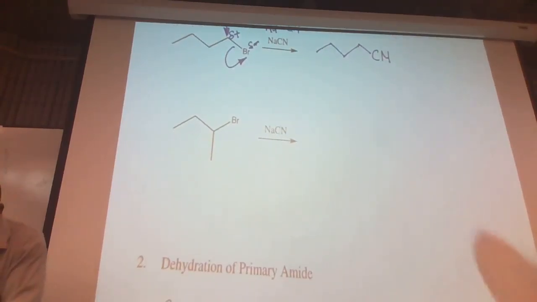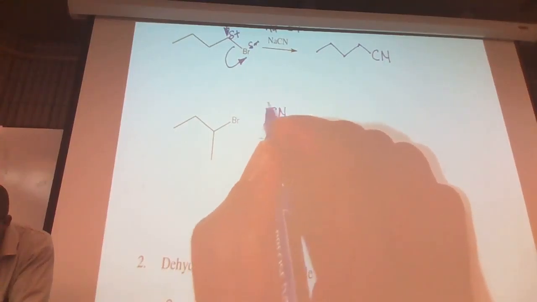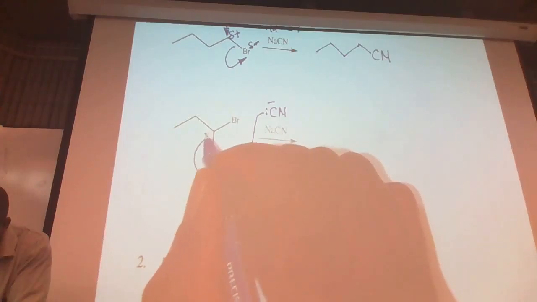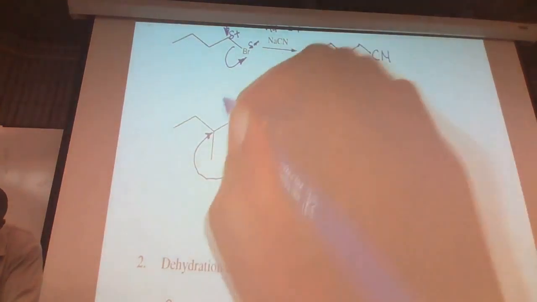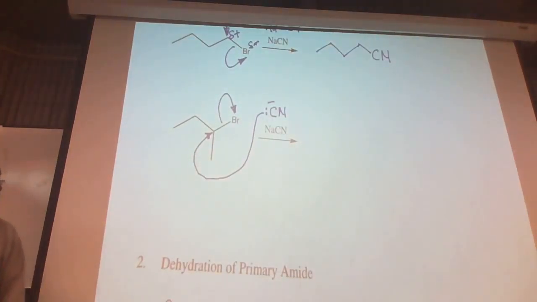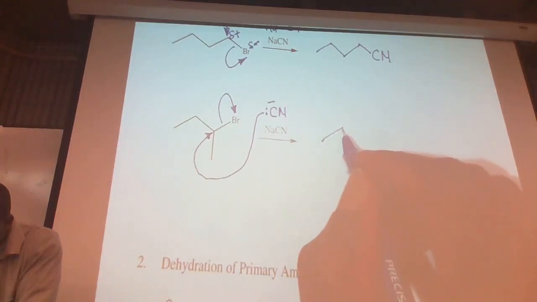So for this secondary carbon center, that's your electrophilic carbon, and the halogen will be kicked out.